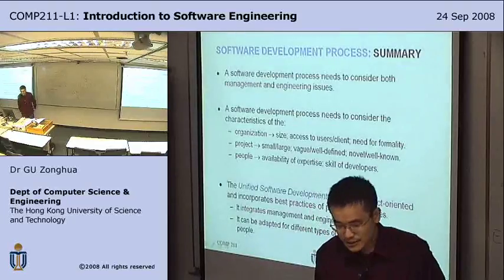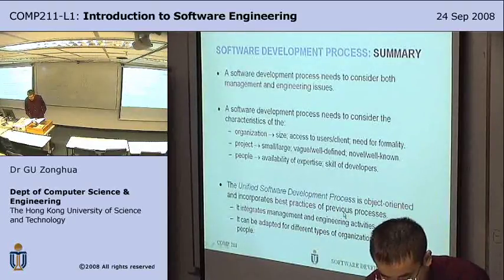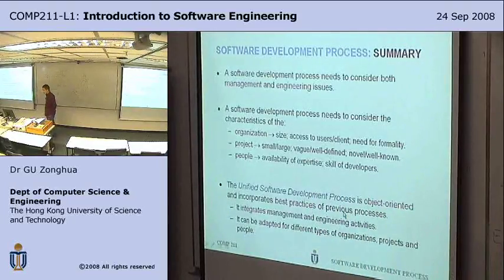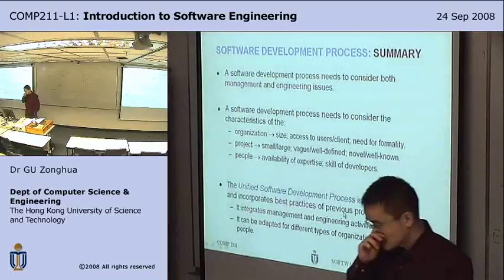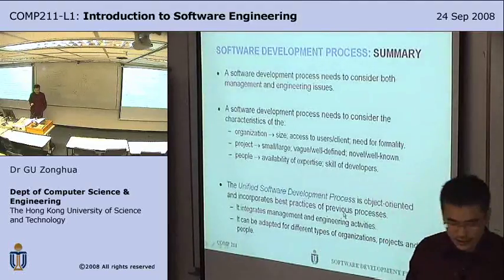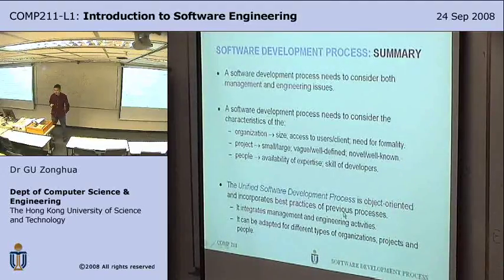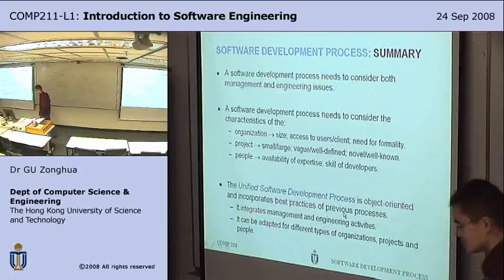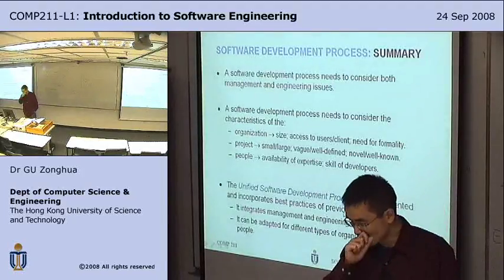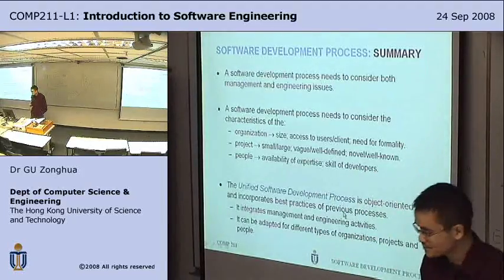So, summary: a software development process needs to consider both management and engineering issues. Management issues include software QA and project management, which will be discussed at the very end of the course. So we are mainly focusing on engineering issues.